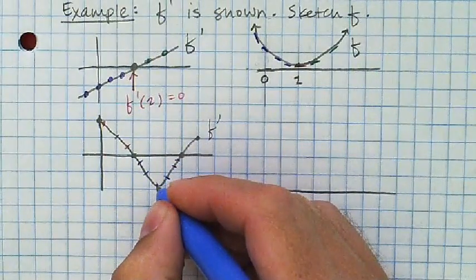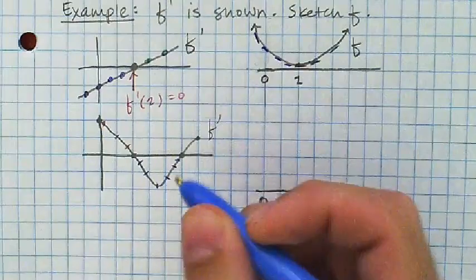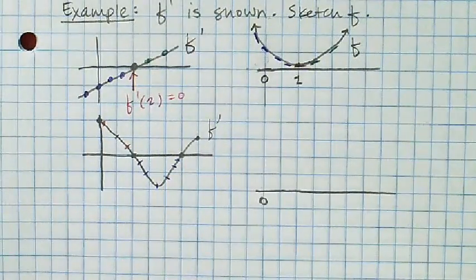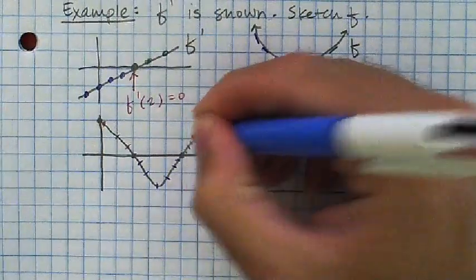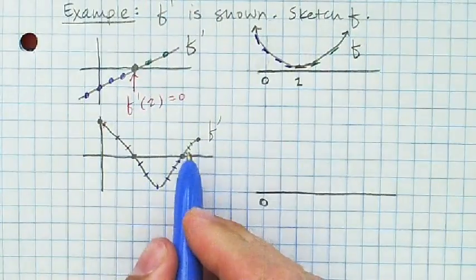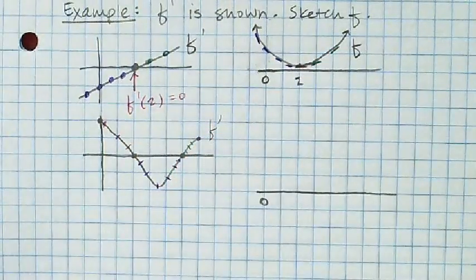It's really negative for a while, and then it comes back towards 0. After that, it's going to go positive again, but not very positive.